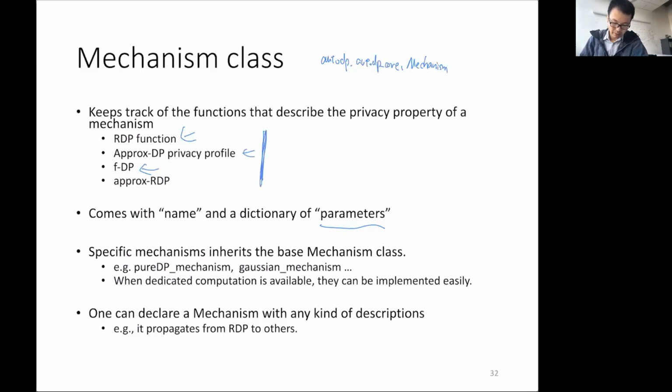Suppose all you know about this mechanism is that it satisfies epsilon-delta DP for one particular pair of epsilon and delta, then you can start a mechanism with just that, and all the other functions will be implemented using conversions from this, maybe very small piece of information that you provide about this algorithm.